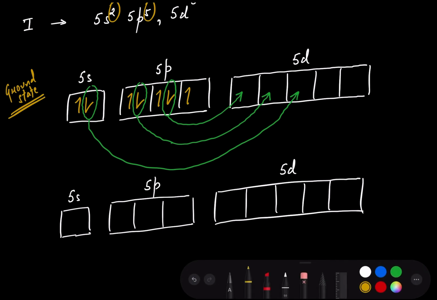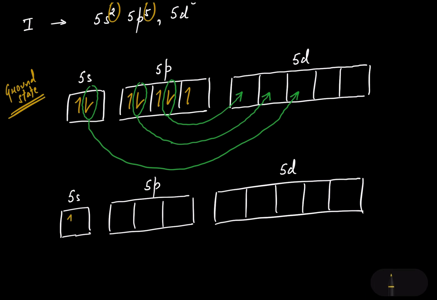Initially 5s was having 2 electrons, now it's having 1 electron. In case of 5p, initially 5p was having 5 electrons, now it's left with 3 electrons. Initially 5d was having 0 electrons, now the 3 electrons will be present in 5d, so that's the first electron, second electron and the third electron, and that's called our excited state.